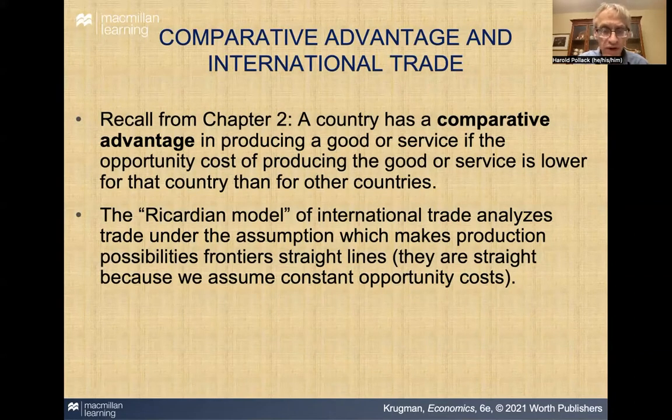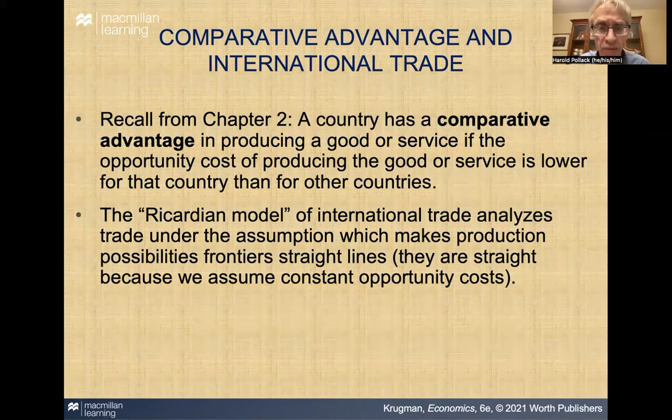We look for the different ways that different countries have a comparative advantage. The US has a lot of capital, has a lot of highly skilled labor. Another country might have less capital, might have lower skilled labor, but also lower labor costs and maybe lower land costs than in the United States.